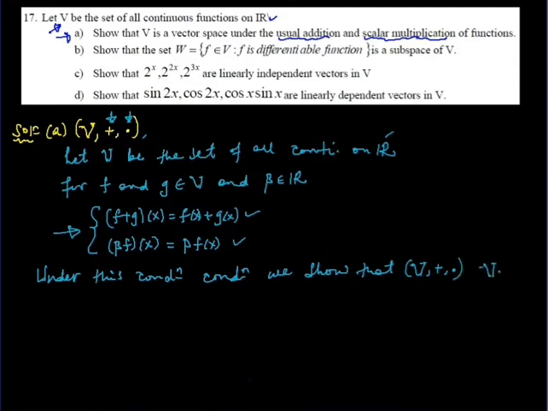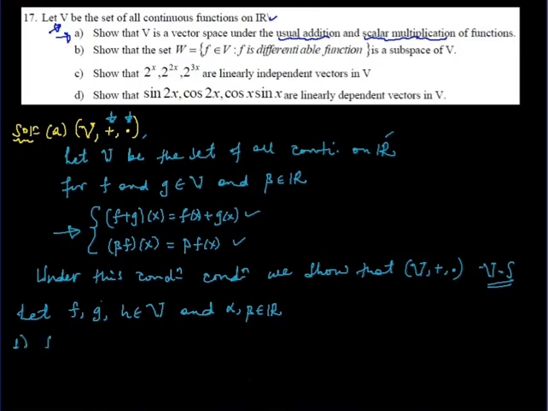Now let f, g and h be elements of the vector space, and alpha and beta be some real numbers. We will check that the ten axioms are satisfied. The first axiom is closure.